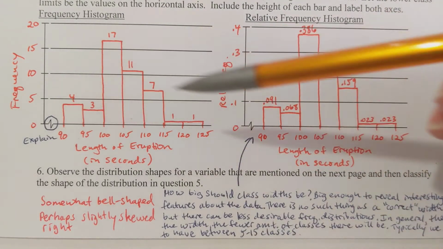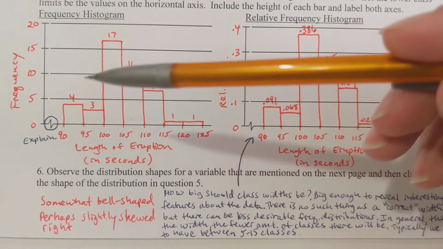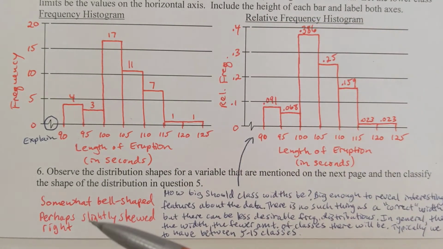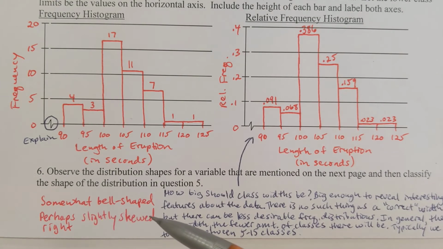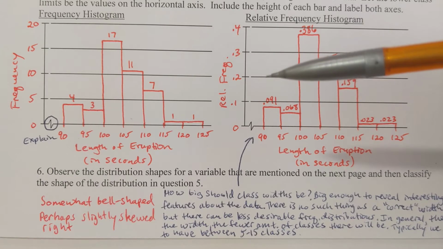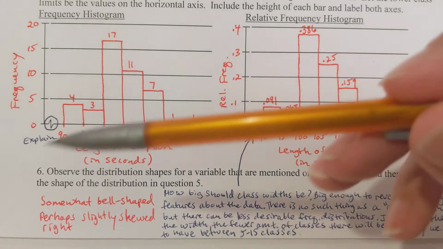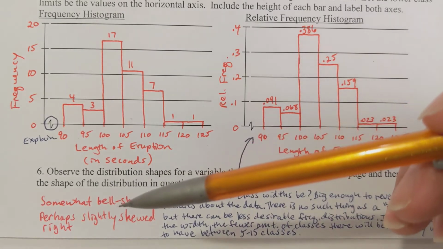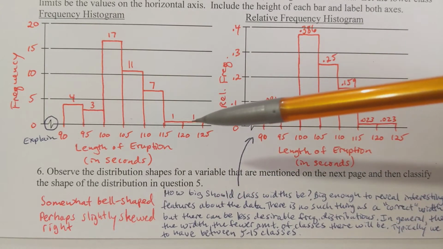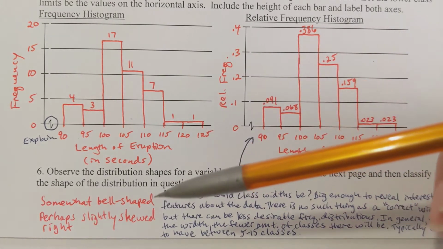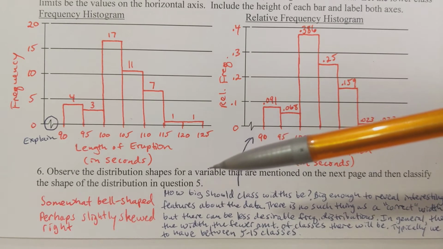Okay, so I can just look at this one. So this looks like it produces somewhat of a bell curve. Okay, I'm calling this somewhat bell-shaped. Okay, it's not perfect. It most of the time won't be. Okay, but it's somewhat bell-shaped. Okay, and I could also see an argument for calling this perhaps skewed to the right. Okay, the right tail does appear to be a little bit longer than the left tail. Okay, not by much, but you could call this perhaps skewed to the right.